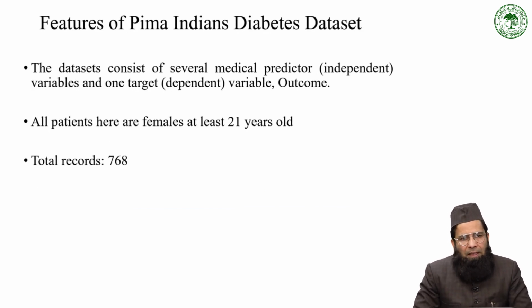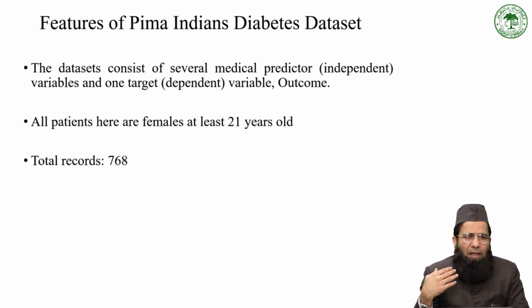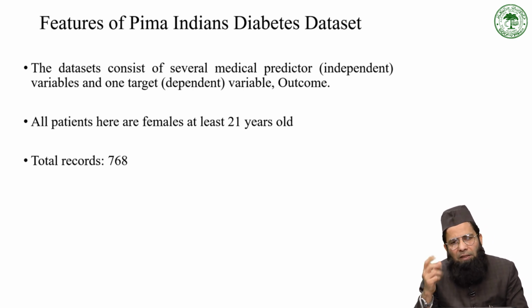And this particular dataset has several features actually. The dataset consists of several medical predictors, which we call independent variables or features, and one target, that is a dependent variable, that is mentioned as outcome.